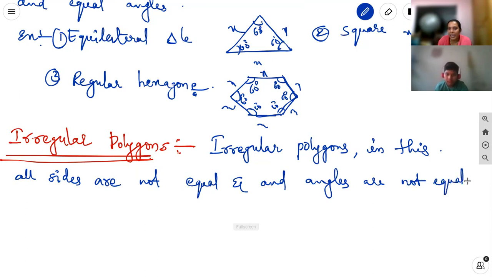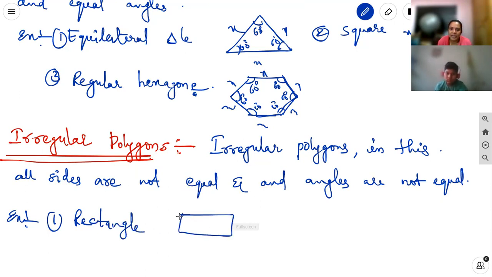If any one condition fails, for example, we can take the rectangle. In the rectangle, the opposite sides are equal, but all sides are not equal.